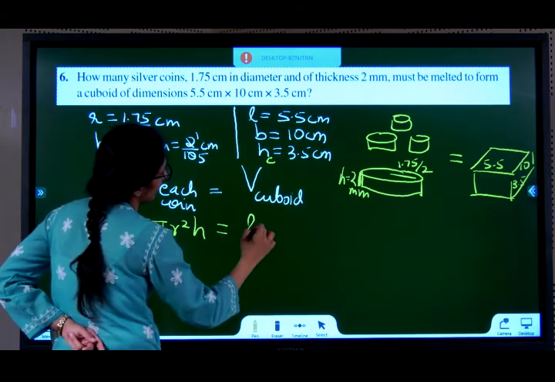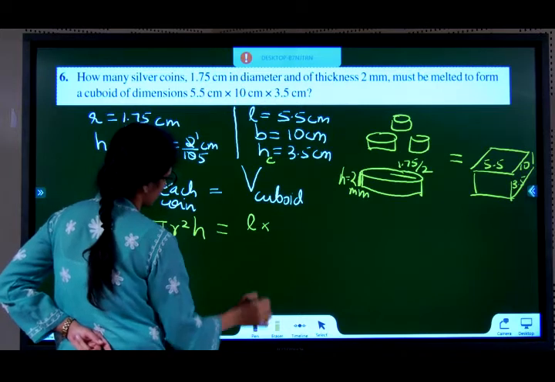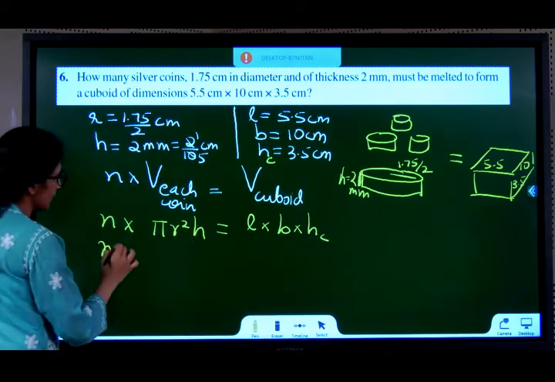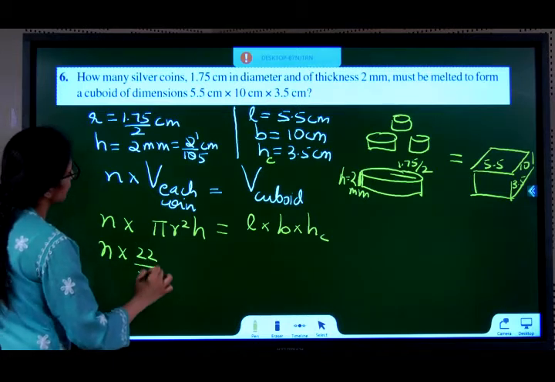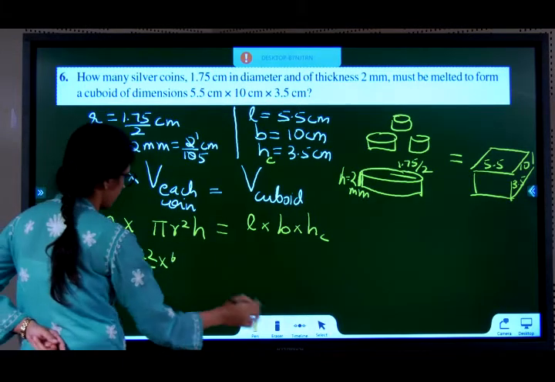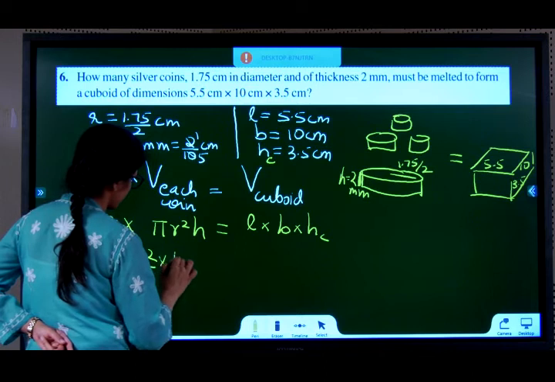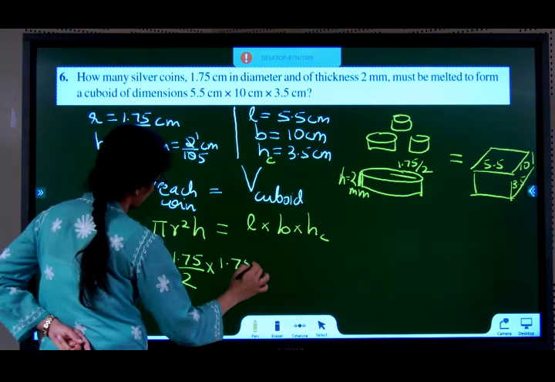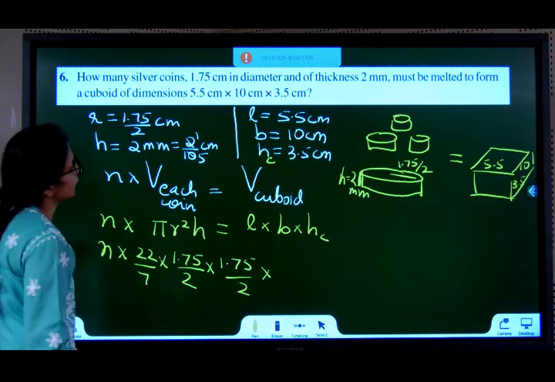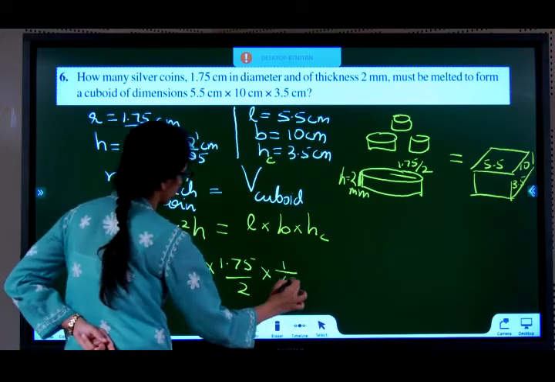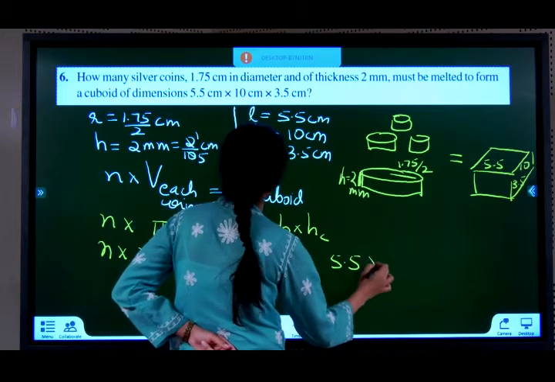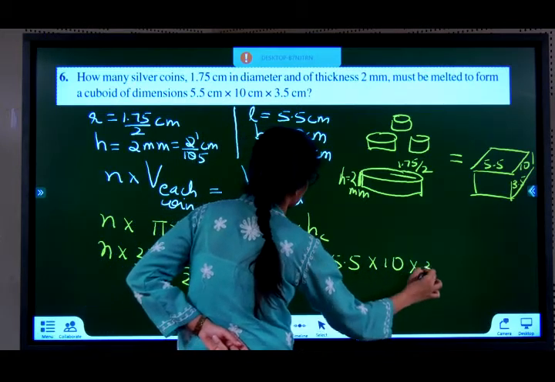So volume of cuboid is L into B into h. So N into 22 by 7 into 1.75 by 2 into 1.75 by 2 into 1 by 5 is equal to 5.5 into 10 into 3.5.